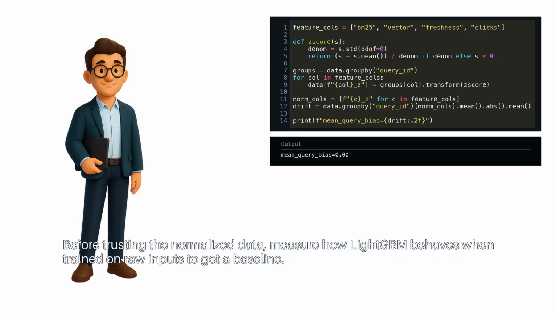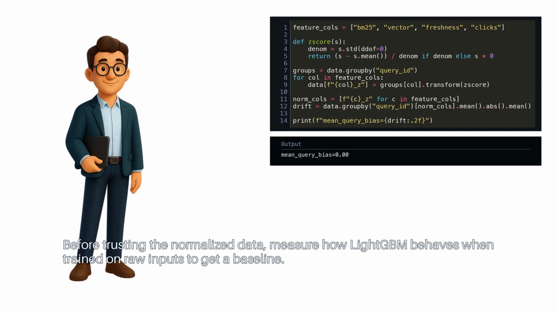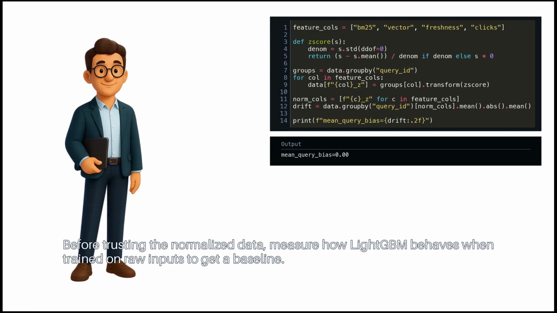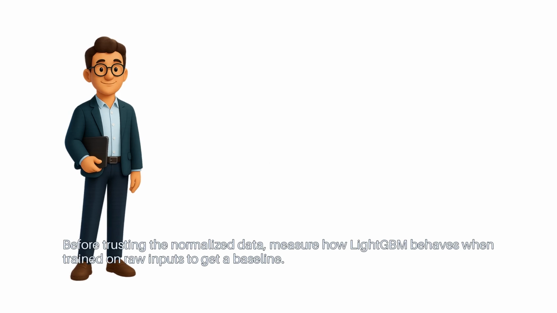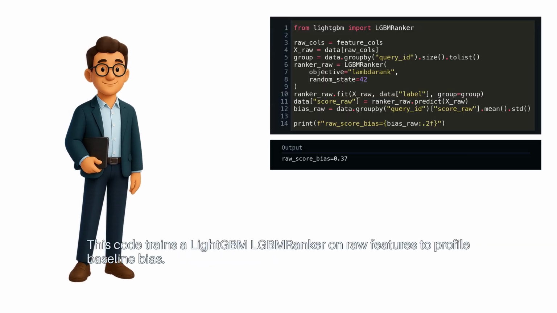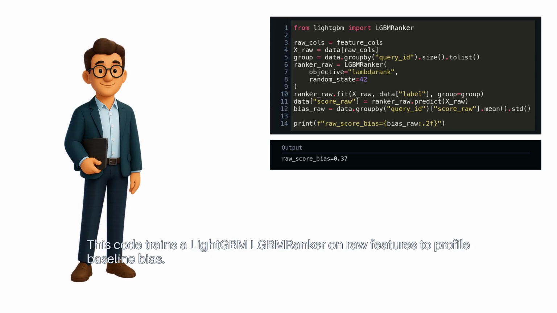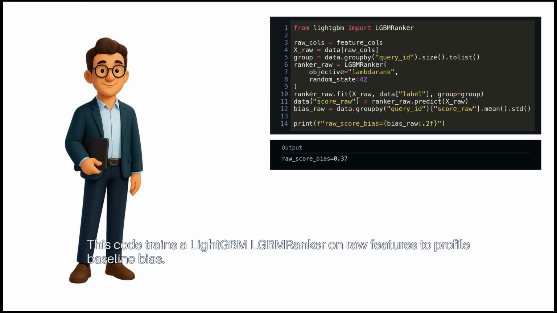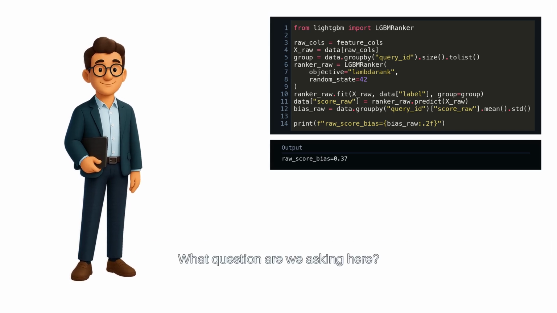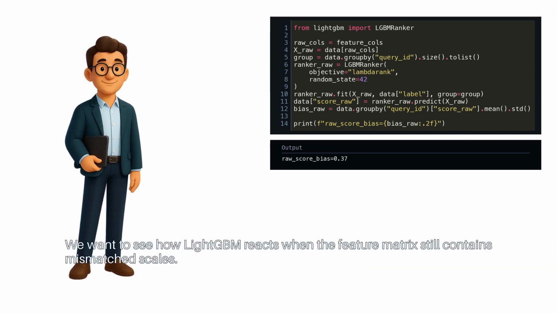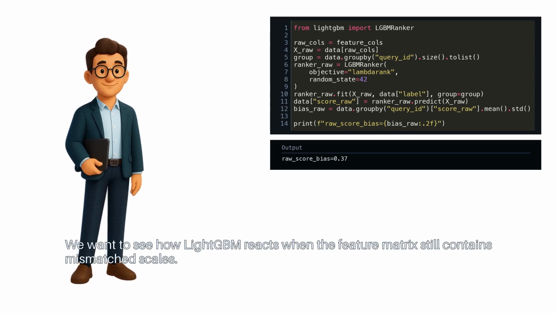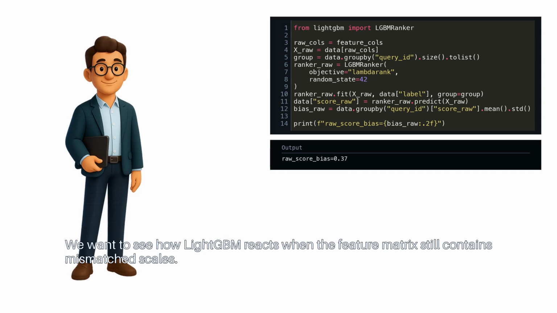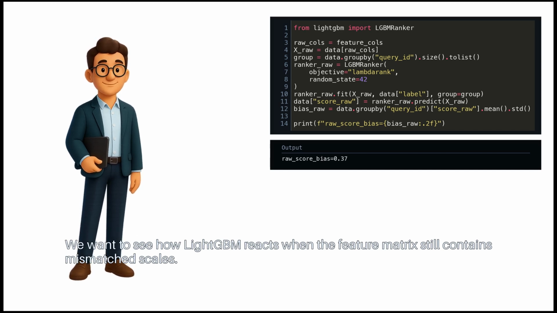Before trusting the normalized data, measure how LightGBM behaves when trained on raw inputs to get a baseline. This code trains a LightGBM LGBMRanker on raw features to profile baseline bias. What question are we asking here? We want to see how LightGBM reacts when the feature matrix still contains mismatched scales.